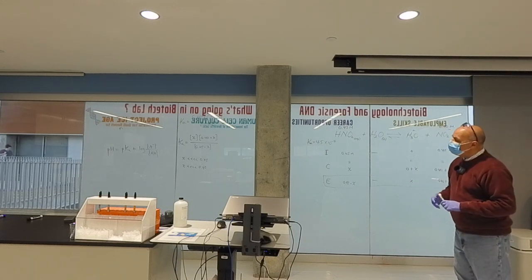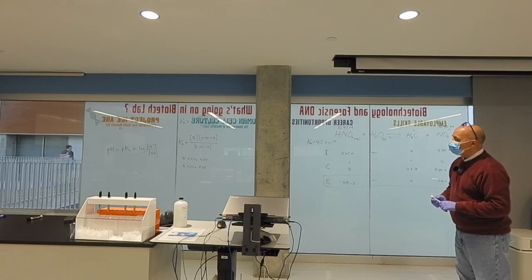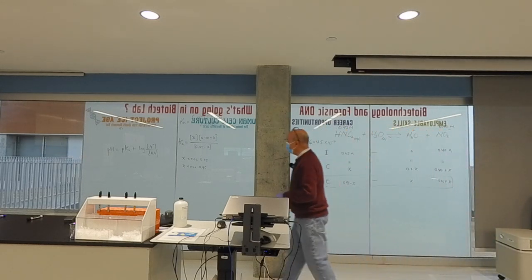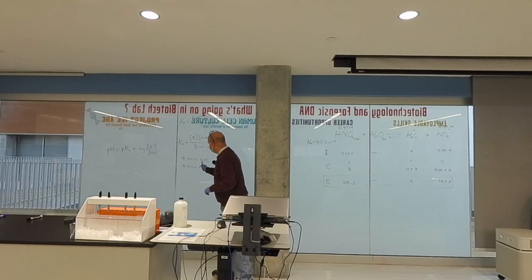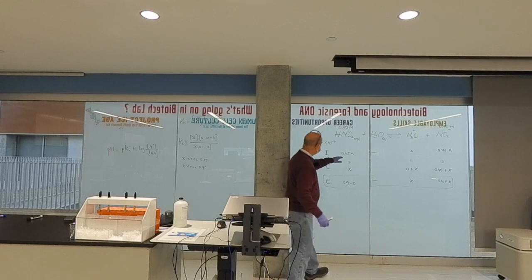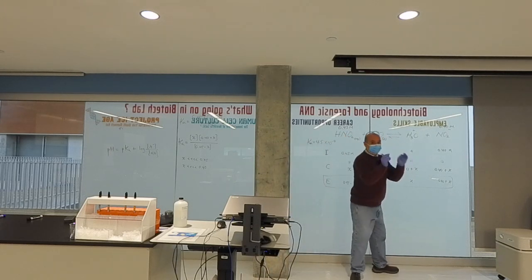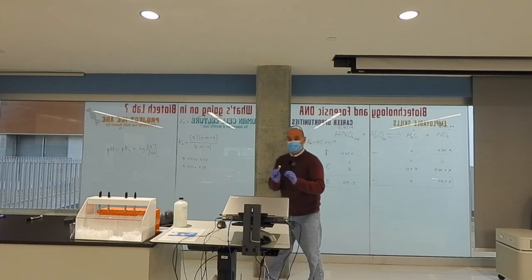But this is a very useful approximation because the number is going to be meaningless, just as we did it for hydrochloric acid when it was very dilute. Here the value of X is going to be so small compared to that when you subtract it or add it to this amount, doesn't matter. By itself it does, because it's going to determine the pH.